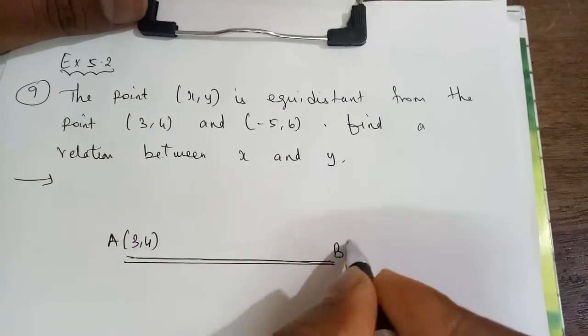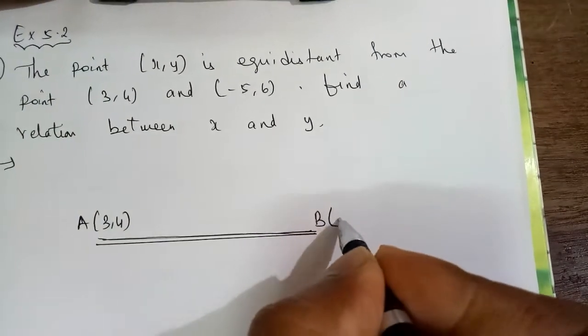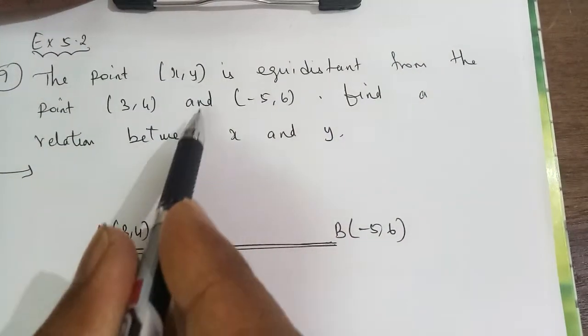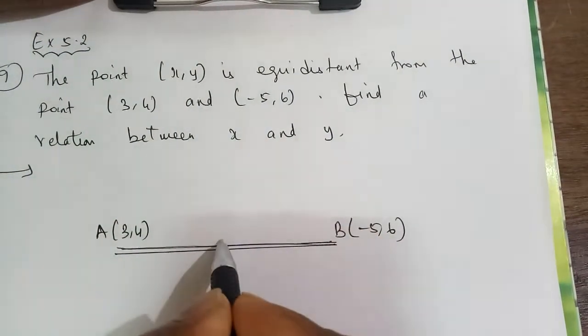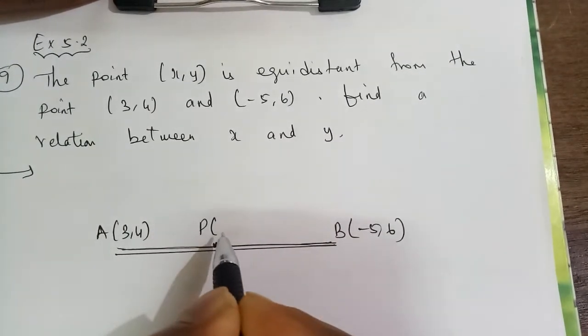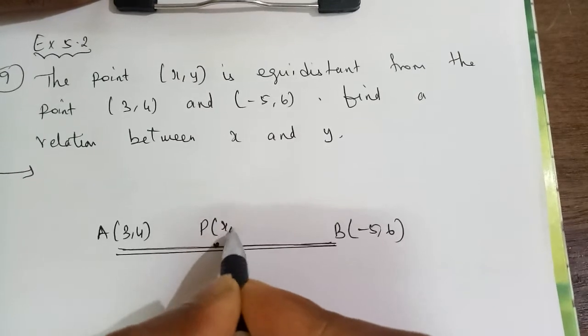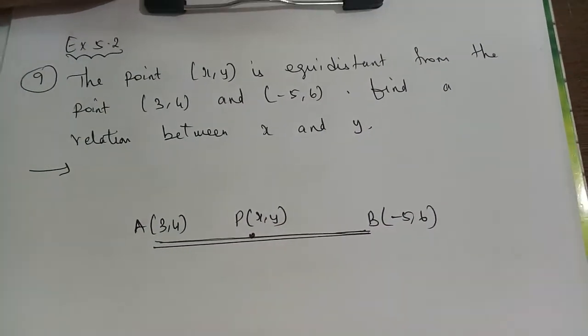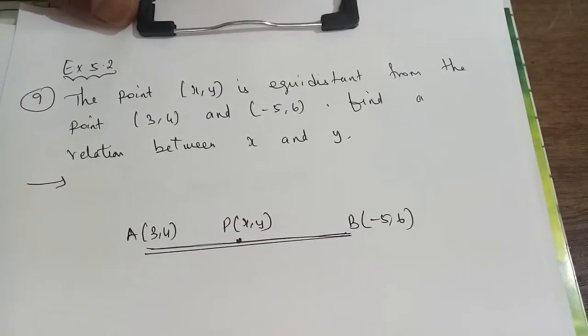This point we can give it as B, (-5, 6). And what they mention is (x, y) is equidistant, that is equal distance. So we can keep a point P at equal distance, that is (x, y). Now we need to find the relation between x and y.